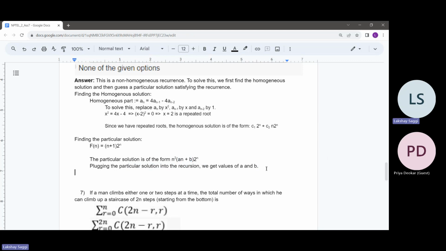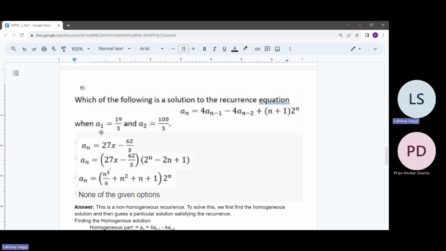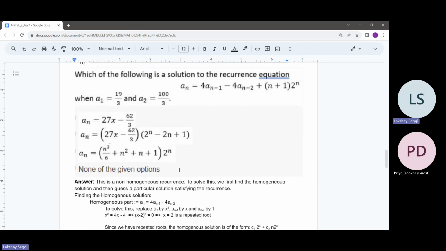After this, we still need to determine the constants C1 and C2, by using the fact that A1 is 19 by 3 and A2 is 100 by 3. Using these two values, we'll get C1 and C2.